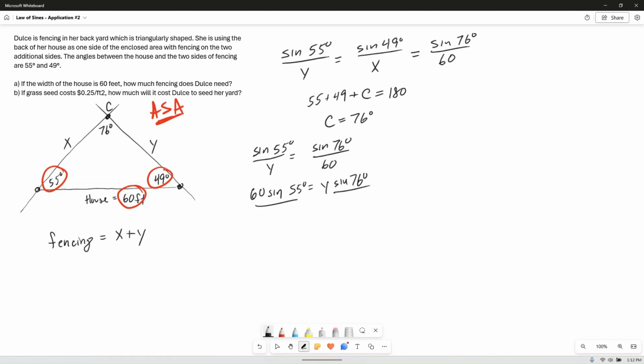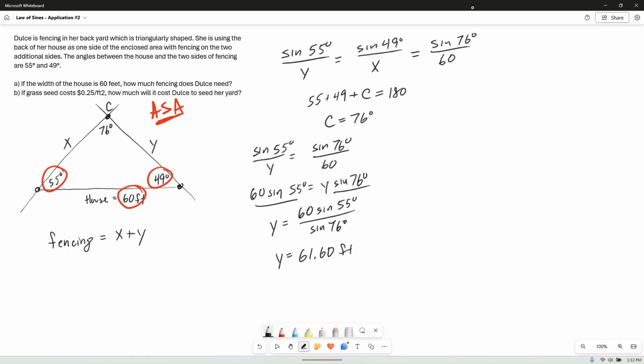We divide everything by the sine of 76, and so we get y is equal to 60 times the sine of 55 degrees over the sine of 76 degrees. And that will result in a y value of 61.60 feet.